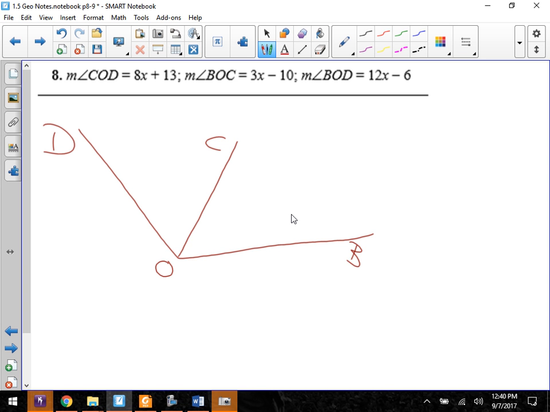First one tells you it's 8x plus 13. Next one has us at 3x minus 10. And it tells me something about the entire setup. Anywhere in this problem to start out with, did it talk about the two smaller angles being equal to each other?